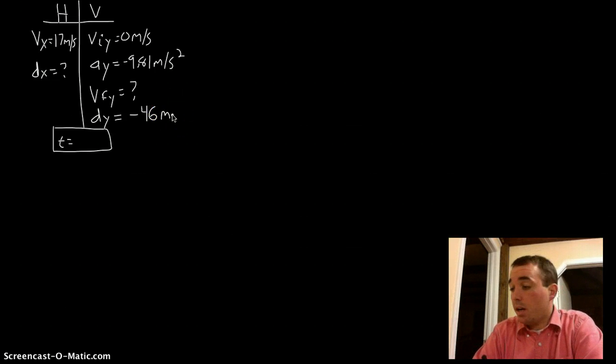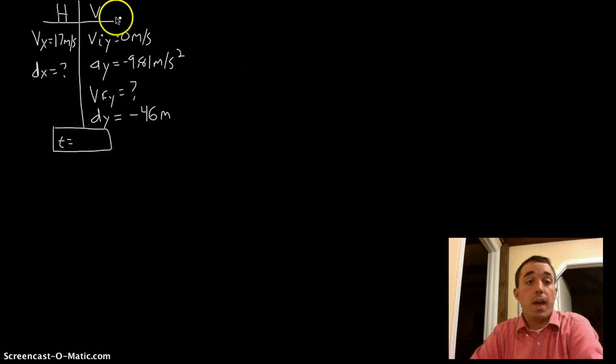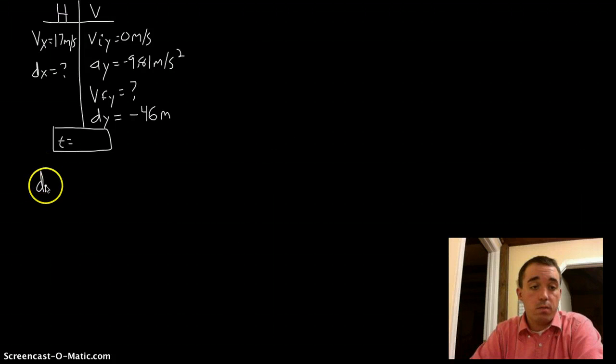All right, so our first question is, how long will it take for the chicken to hit the ground? We have enough vertical information, DY, AY, VIY, to find t. So going back to that equation which is almost always used to find the time, DY equals VIY t plus 1/2 AY t squared.